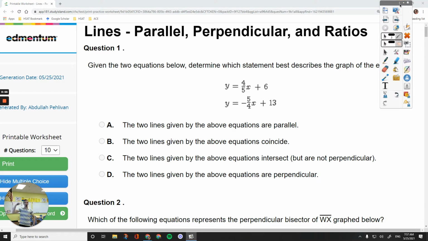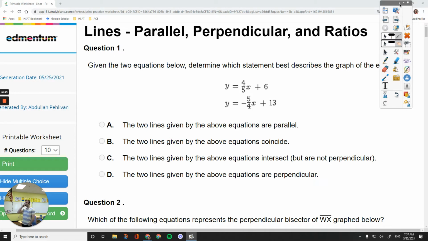When that happens, we deal with a line. If we have x squared, we are dealing with a curve with just one turn. If we are dealing with x cubed in an equation, we are dealing with a curve with two turning points.